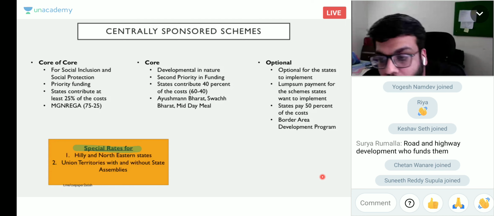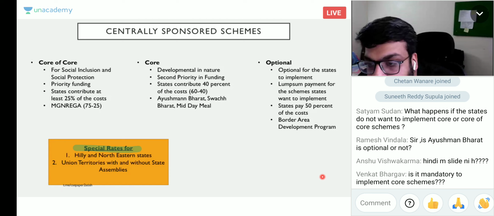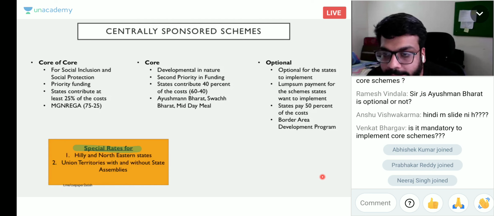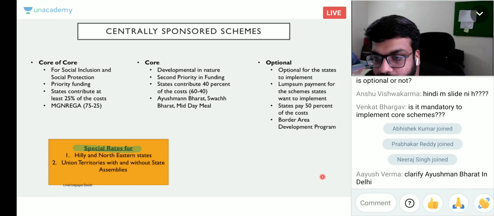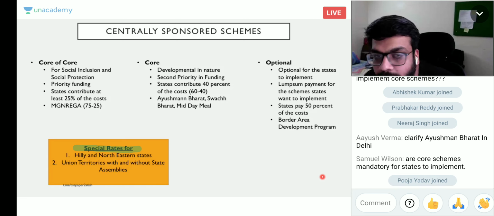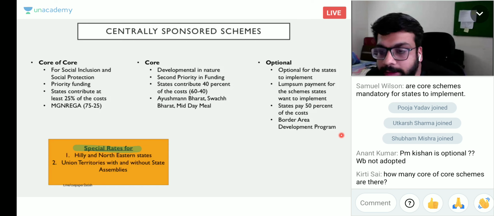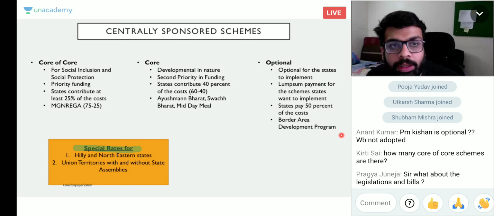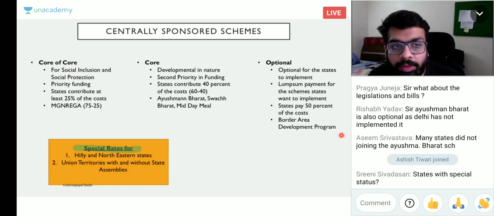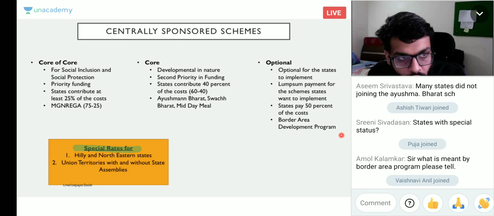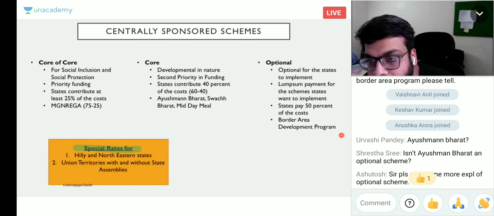When we look at LPG households that have to be given, those are also core of core. One second, let me just go through some doubts also. There are a total of 30 centrally sponsored schemes. This includes everything from core of core to core and optional. All of these three combined are a total of 30.